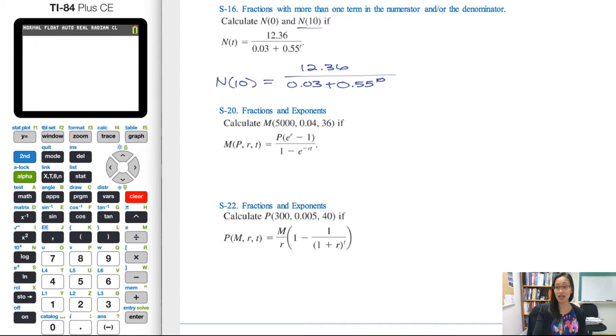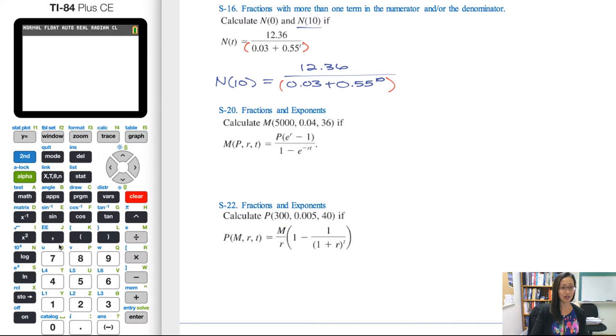It's really important that we put parentheses around the entire denominator to keep them together so that when we evaluate the function, what we're really doing is taking 12.36 and dividing 12.36 by the entire value of whatever 0.03 plus 0.55 raised to the 10th power is. So down here in my work, I'm going to go ahead and put parentheses around that denominator so that I can remember to type it in when I go to my graphing calculator.